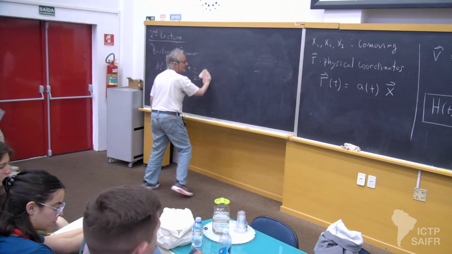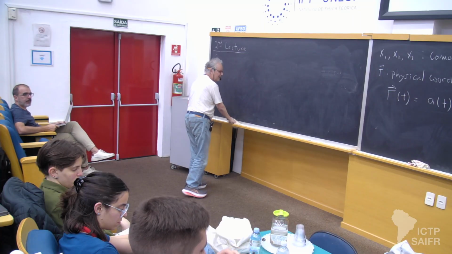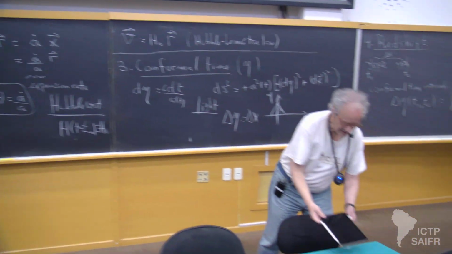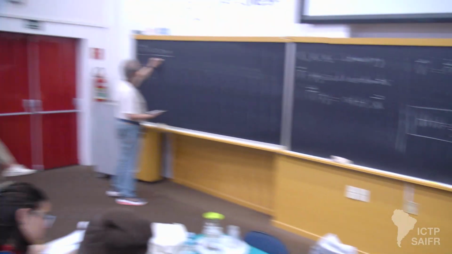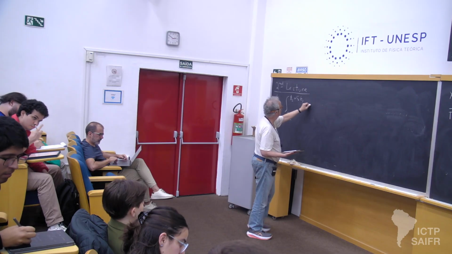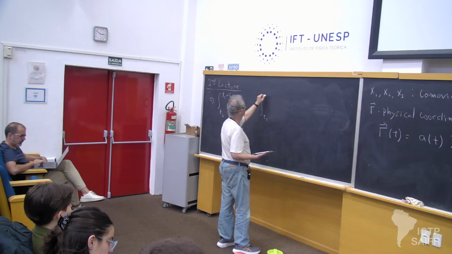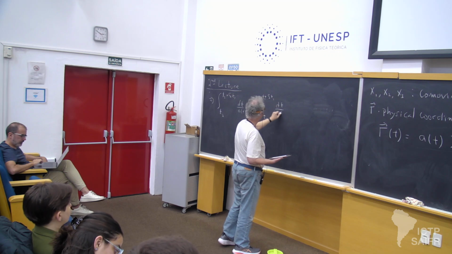So now we just massage this. And this I leave you as an exercise, because it's just to massage these limits of integration. And you can show, after massaging these limits of integration, that this very simple equality tells you the following: that the integral from t2 to t2 plus delta t2 of dt over a of t is equal to the integral from t1 to t1 plus delta t1 of dt over a of t.